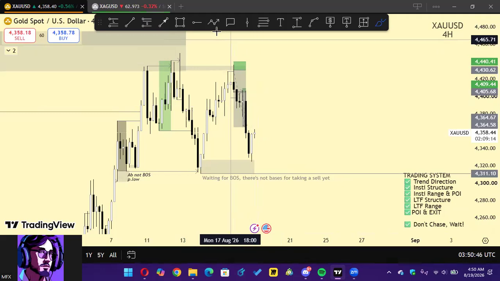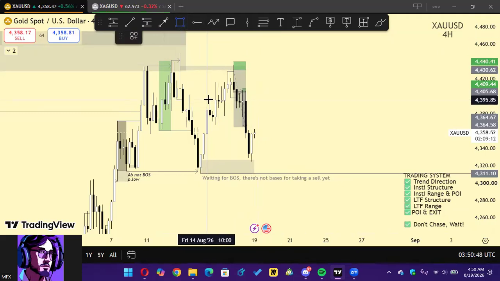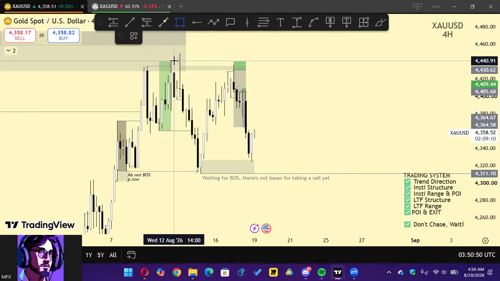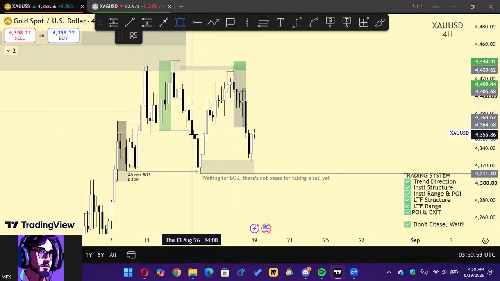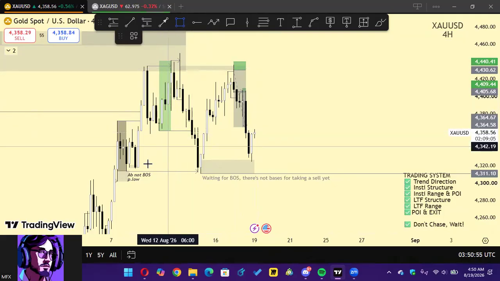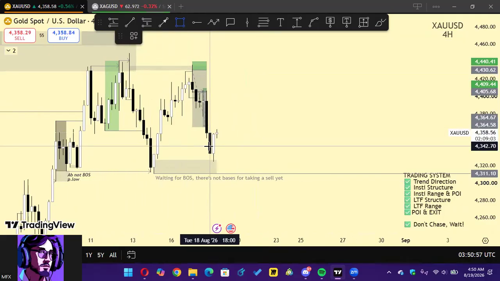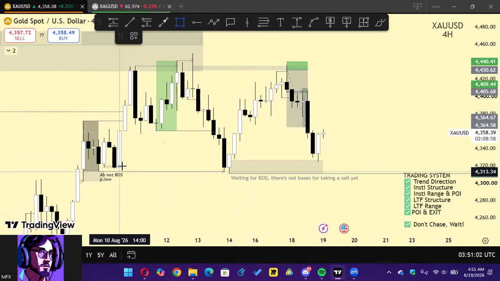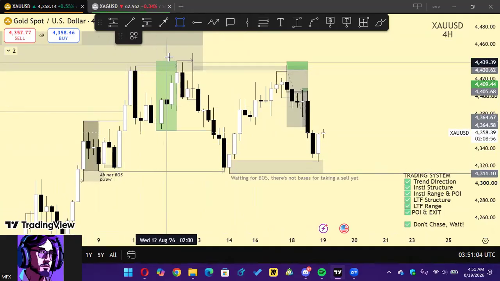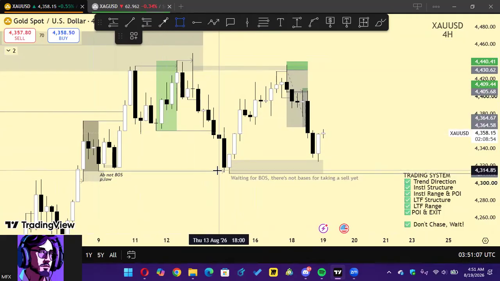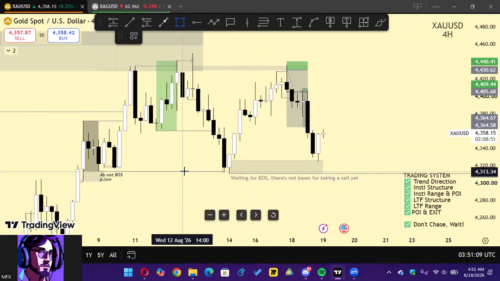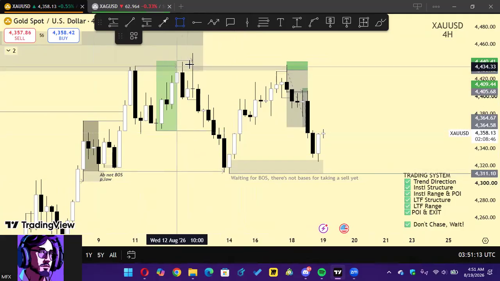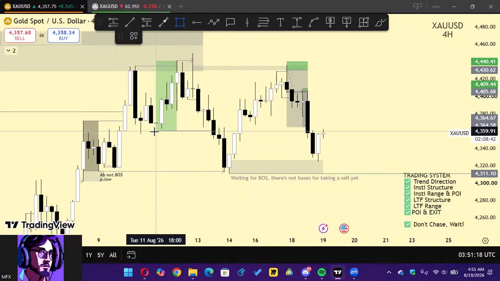So what I did next was look for, after this break, which is an intermediate break of structure, mind you, because the initial last down move that caused this up move to mitigate this POI, the protected low is still not mitigated. We only had it absorbed. So I was looking at the POI of this intermediary range.